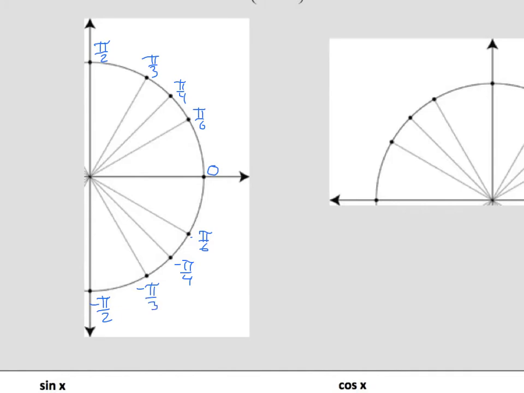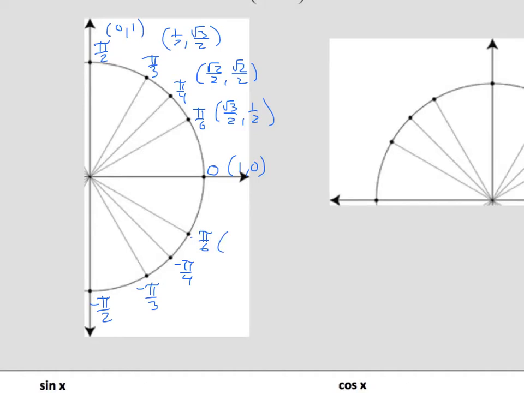We can fill in our ordered pairs if we want to, just to make this complete. This is 1, 0, radical 3 over 2, 1 half, radical 2 over 2, radical 2 over 2, 1 half, radical 3 over 2, and 0, 1.